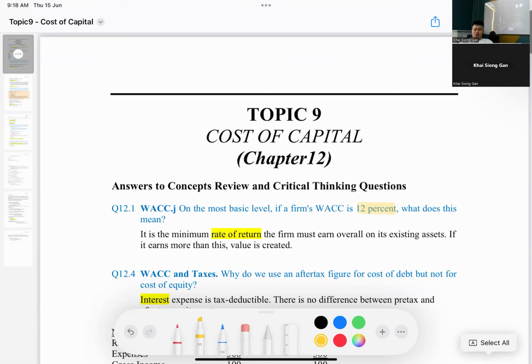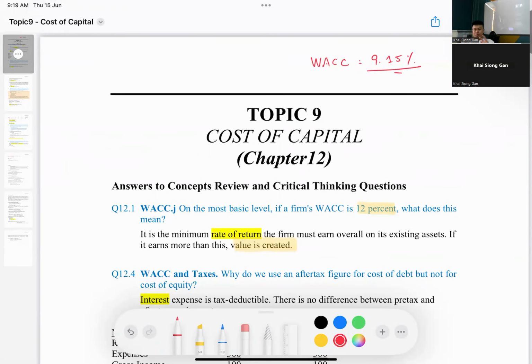So if today you invest in a project that earns more than 12%, that means value is created. For example, in the question we did just now, we calculated WACC as 9.15%.